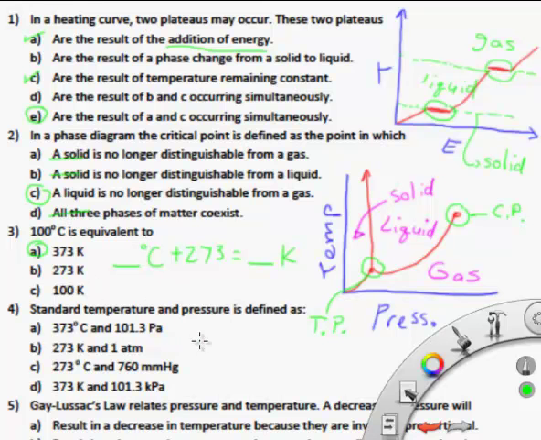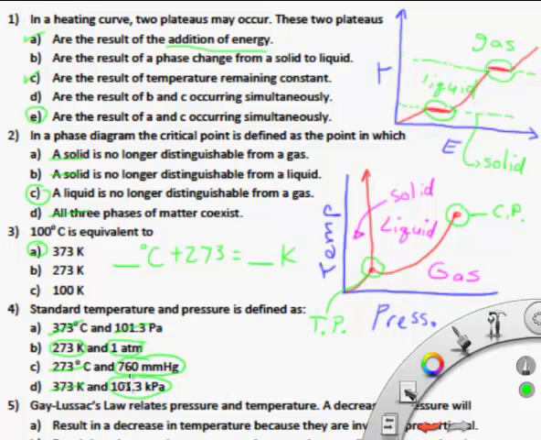Standard temperature pressure, STP, is defined as not 373 Kelvin, not 101.3 kPa. 273 Kelvin, that is accurate. 1 ATM, that is accurate. 273 Celsius, no, it's 0 Celsius. 760 millimeters mercury, yes, that would be accurate for standard pressure. 373 Kelvin, no, 273 Kelvin, 0 Celsius. 101.3 kPa, yes, that would be accurate.